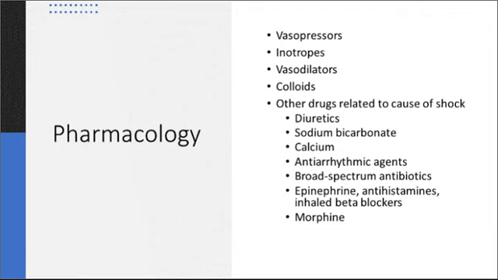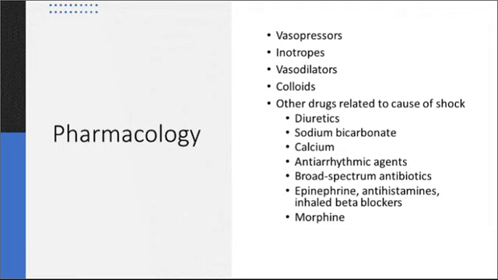Your colloids: remember, crystalloids are your IV fluids, colloids are your blood products, albumin, hetastarch, which I don't think they use anymore. Your blood products might be packed cells, whole blood, which you really don't see, PRBCs, cryoprecipitate, fresh frozen plasma, depending on what's happening.